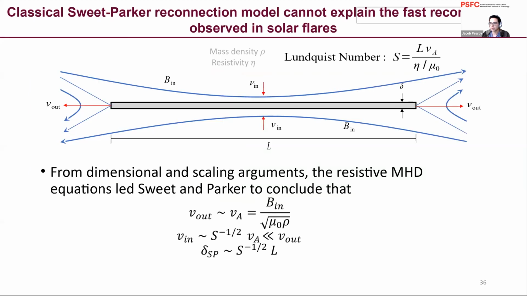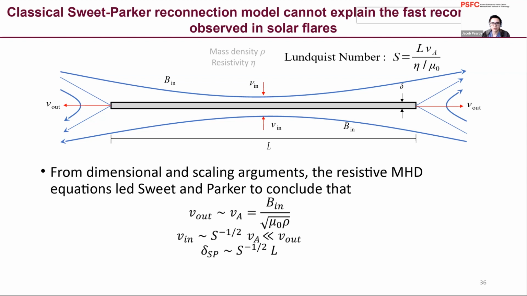So this cartoon is showing the picture of what is going on in the Sweet-Parker model. As before, we have these initially oppositely directed magnetic fields, which are labeled B in, and then they're pushed into the center of the region with this inflowing plasma, where they reconnect in the gray box, which is representing the thin current sheet. And then they are advected out with the plasma.